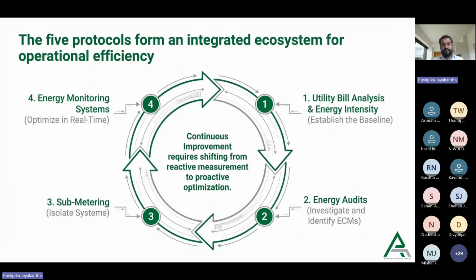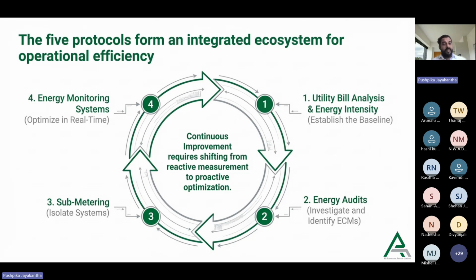So this is actually the combined task. These slides illustrate how these different management practices come together to form a continuous improvement cycle for operational efficiency. You can start with utility bills and energy intensity, and then plan energy audits to identify the significant energy users.